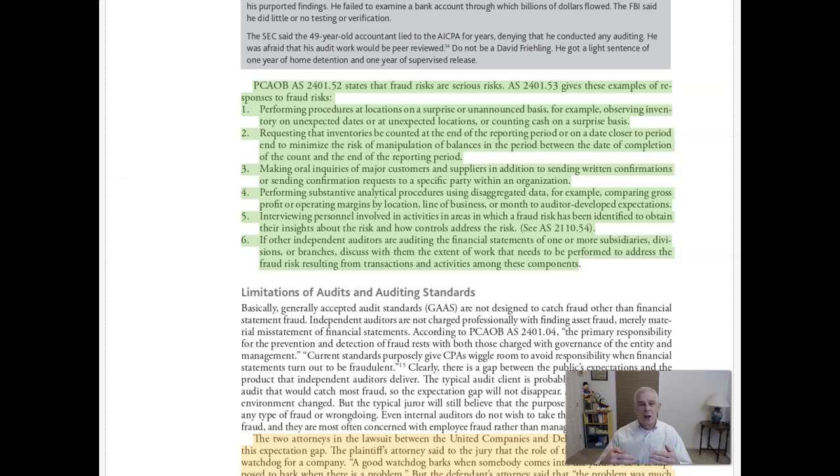So the PCAOB is trying to tell us auditors, change things up. The client knows you come back year after year. They know what you're going to look at usually, and where you're going to go look at it. Change things up, and maybe you'll find fraud. Read the others yourself.